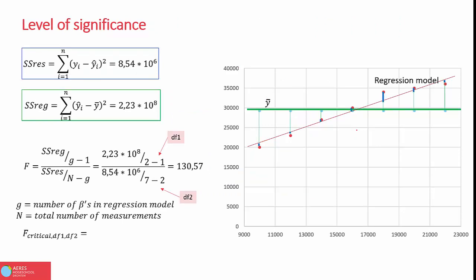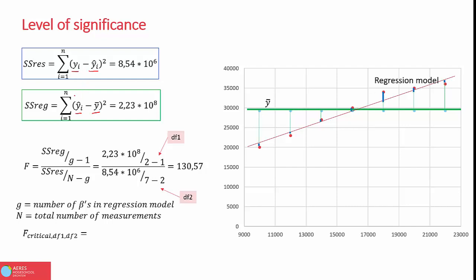To start, we have to find the sum of squares of the residuals and of the regression. So we've got two formulas here. You see that we're repeating certain steps, right? So again, you see y hat, y average, y hat, and this is the actual y value.